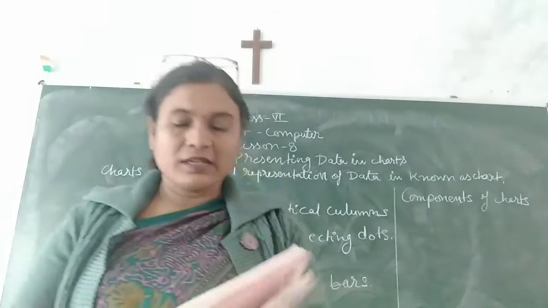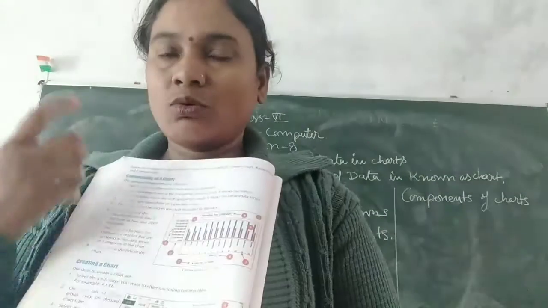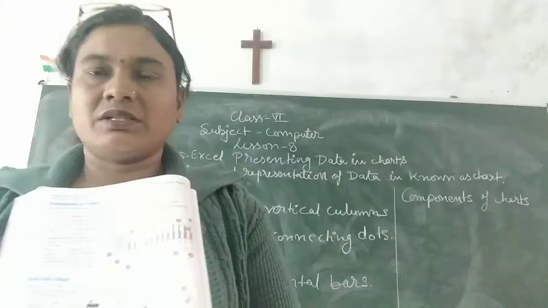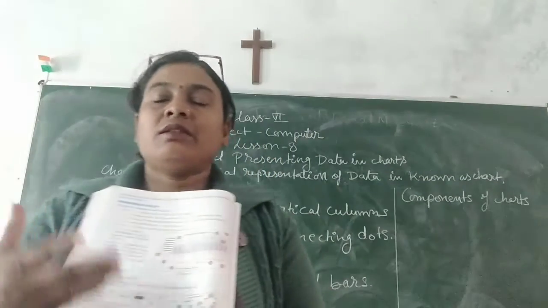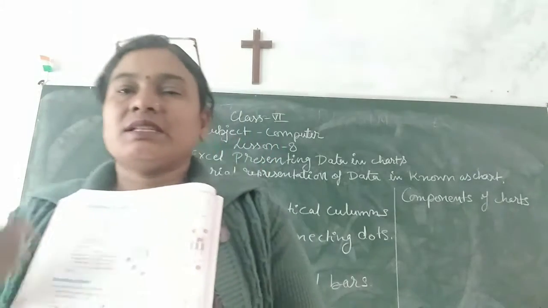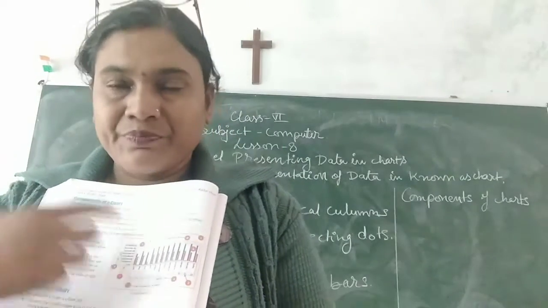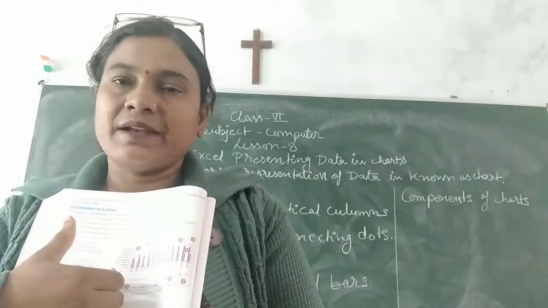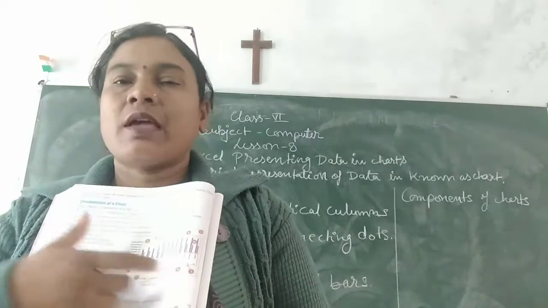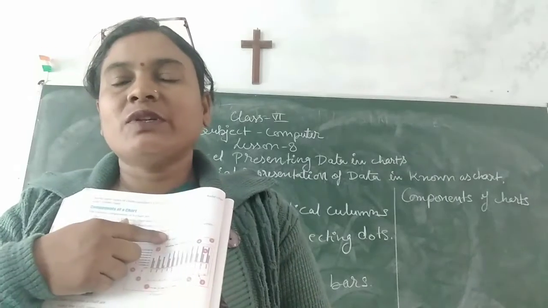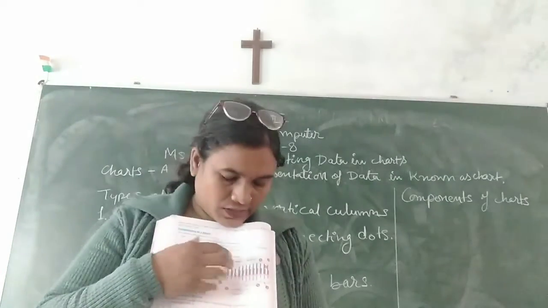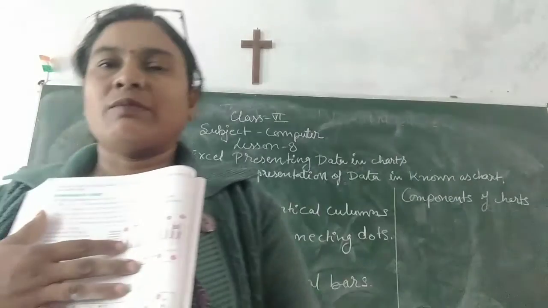Next is chart title. Chart title, the total title of this, suppose mark sheet. Mark sheet of class 10th, then mark sheet of class 6. This is the chart title, and on one side, the x-axis side, you show the students, and on the other side show the marks of the students. Okay, so you can make the chart by this method.